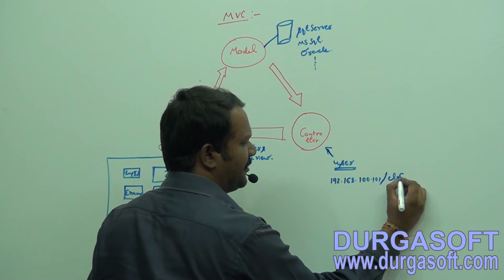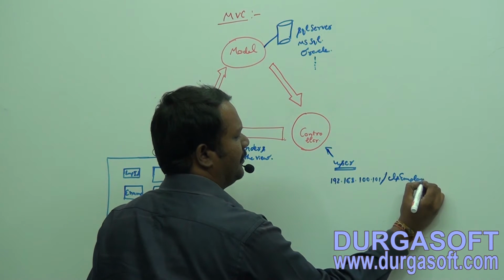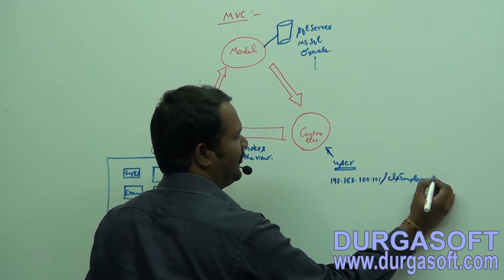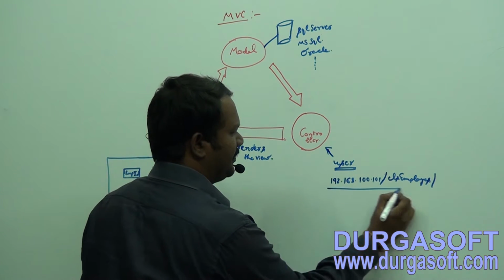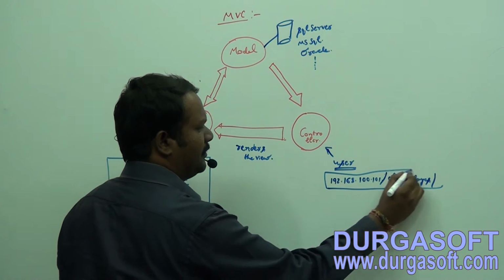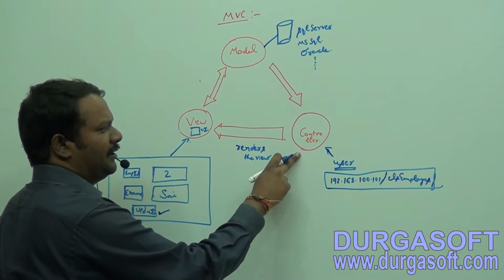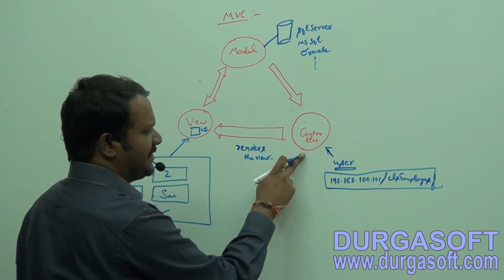Assume CLS Employees is his project name, and this will be the URL. With the help of this URL, the user makes a request to the controller.